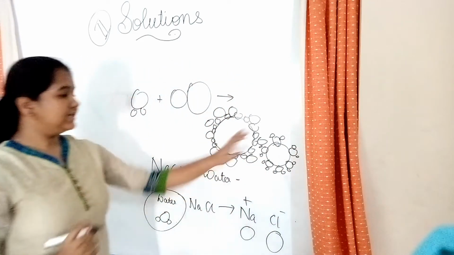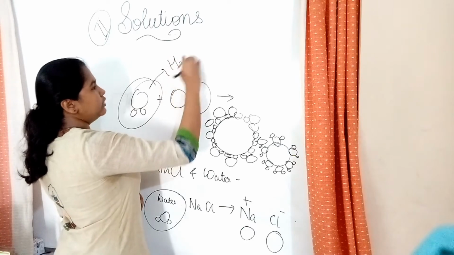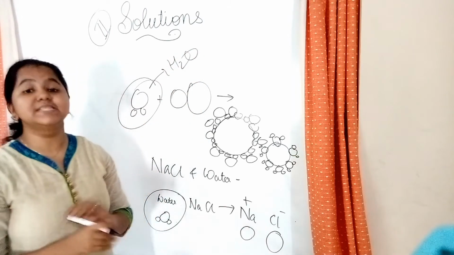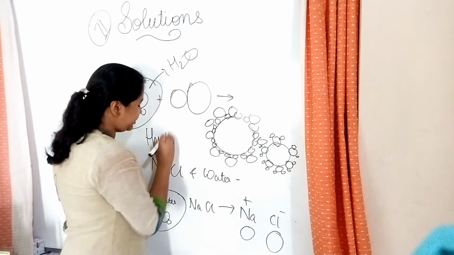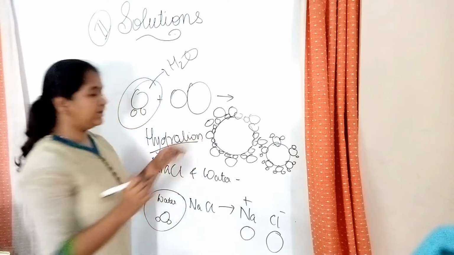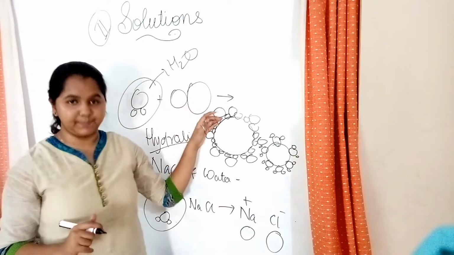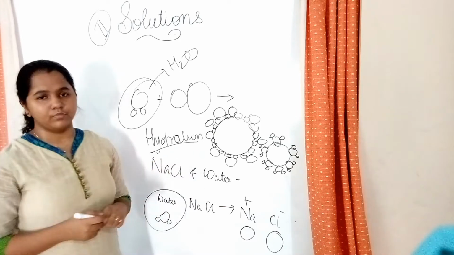So now over here, what did we use? This is H2O. In the case of solvation, when the solvent is water, it's called hydration. So what is hydration? When the solvent is water and solvation happens, the process is called hydration.